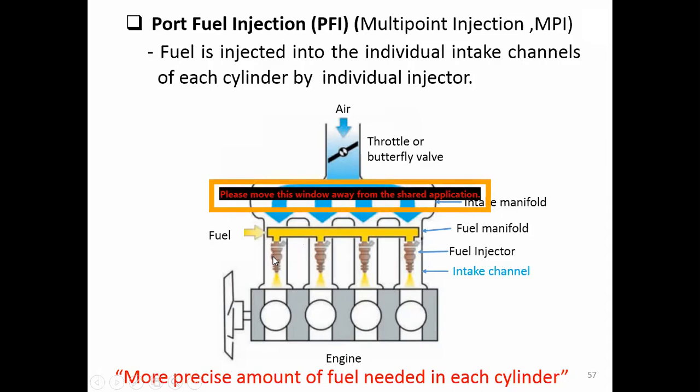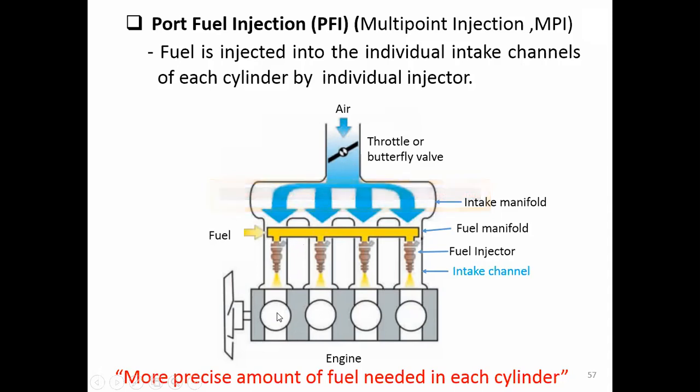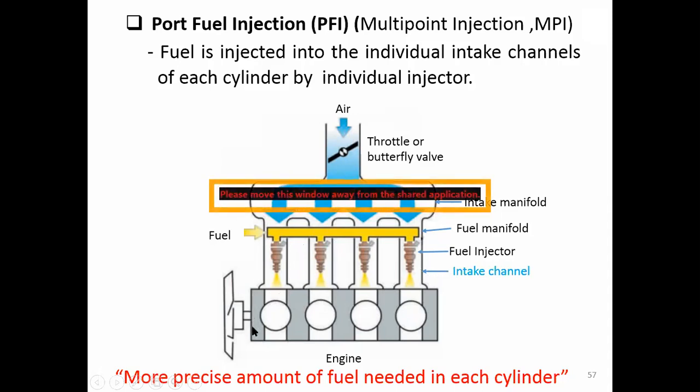So they move the injector down here, close to the cylinder, and they are brave enough to use one injector per cylinder, not one injector for all cylinders as at the beginning. So by doing this, you can now ensure a little more on the amount of fuel needed in each cylinder, because each cylinder has its own injector. So the amount is pretty precise. Okay.